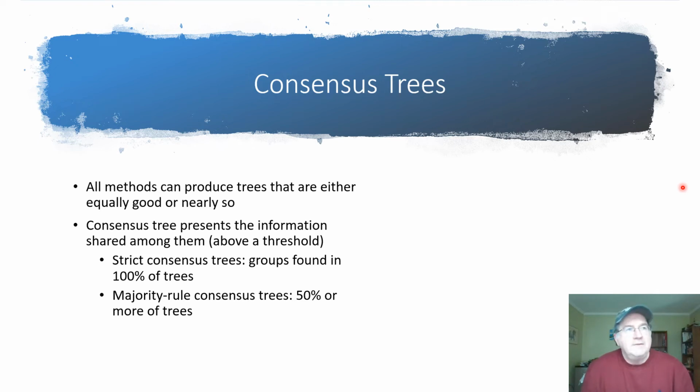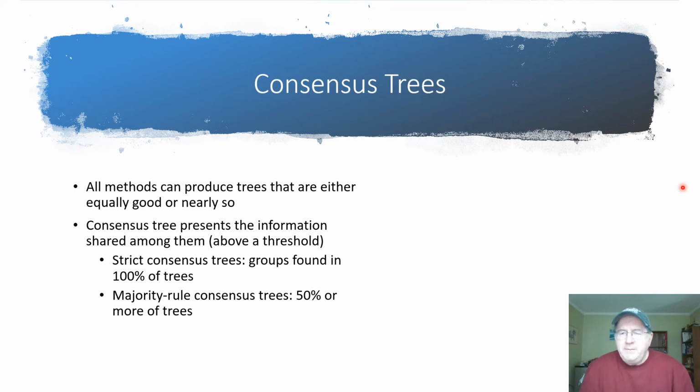So all methods, or all optimality criteria, let's put it that way, whether it be parsimony, maximum likelihood, or posterior probabilities, can produce trees that are pretty much the same, but they vary here and there in little things. And so a tree might have one likelihood value and another tree has a slightly lower likelihood value.